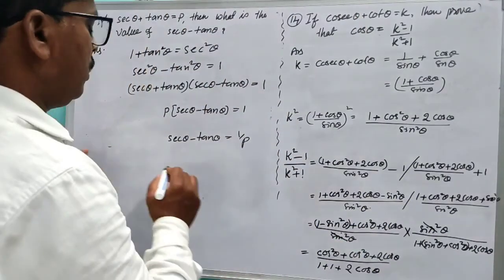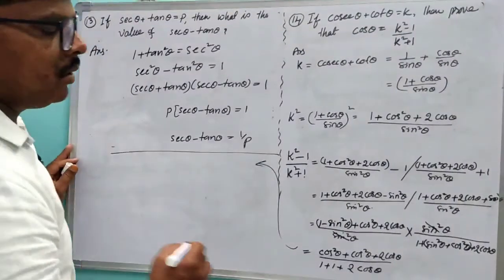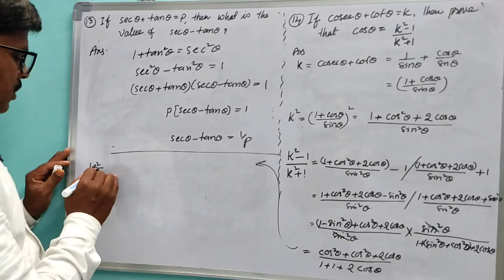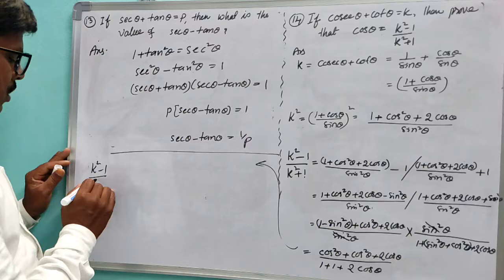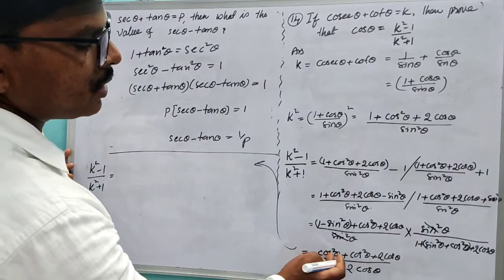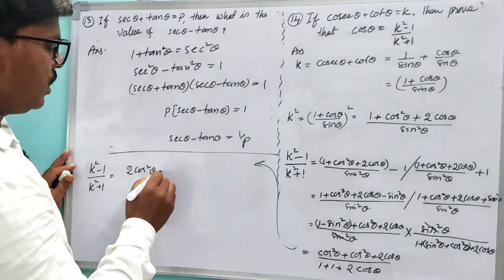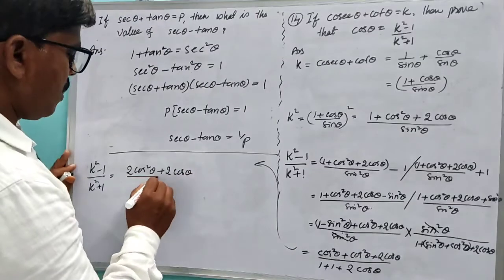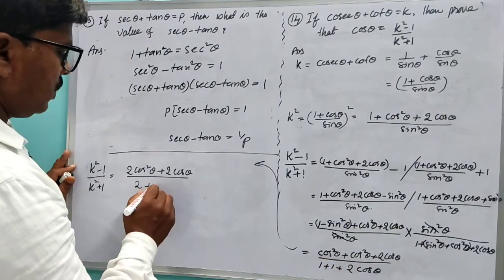Okay. Now just to rewrite this on this side. So what is k square minus 1 by k square plus 1 equal to? This one: cos square theta plus cos square theta, so we can write 2 cos square theta plus 2 cos theta by 1 plus 1, this is 2 plus 2 cos theta.